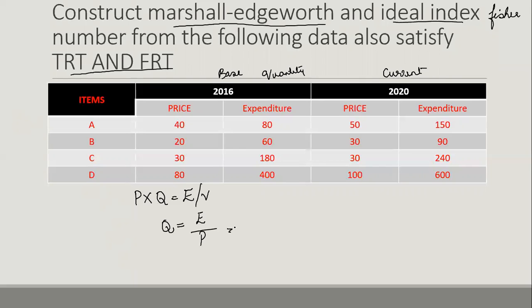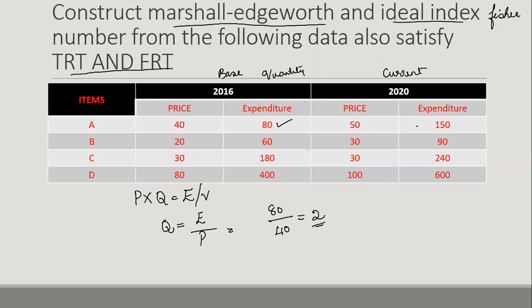For the first product of 2016, expenditure is 80 divided by price 40. 40 2s are 8, so it is 2. Like this you have to find for each expenditure or value.